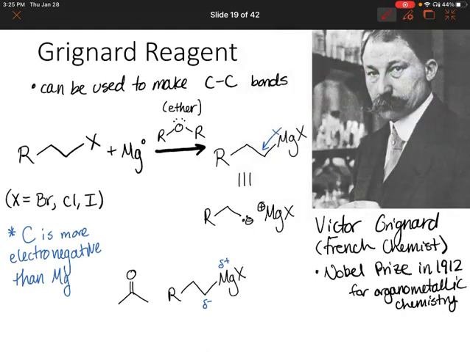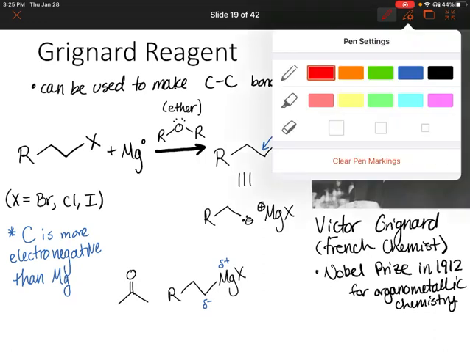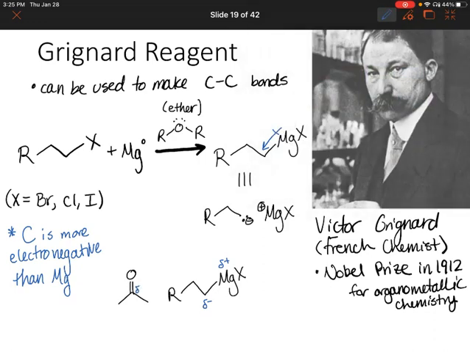So that partial negative carbon can attack the partial positive carbon on our ketone. When it attacks that carbon, we see a movement of pi electrons up to oxygen. So again, we're creating a carbon-carbon bond. Let's draw this in a little more detail on the next slide.